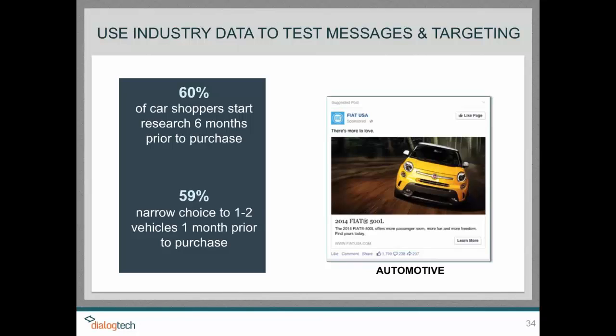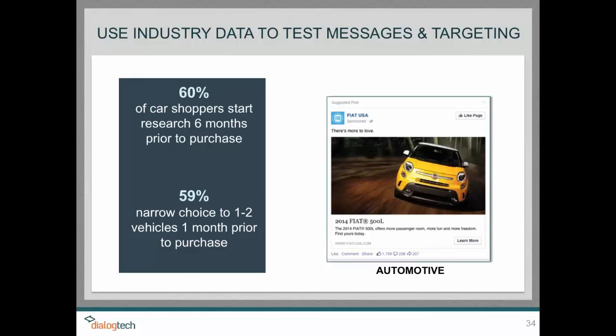This is so important to automotive marketers, because most marketers are running ads to car shoppers about a month out. But if you do that, you're almost wasting your money, because chances are they've already narrowed down their selection to 1 or 2 different vehicles, probably not your vehicle. So you want to get in front of these car shoppers early on in the process, up to 6 months out. And you can actually do that with Facebook.